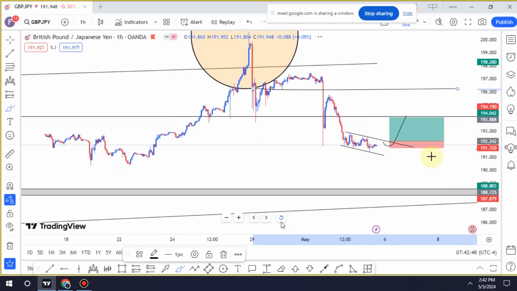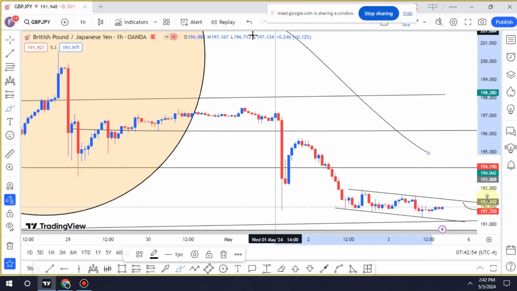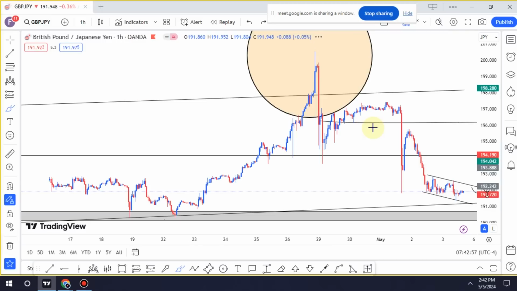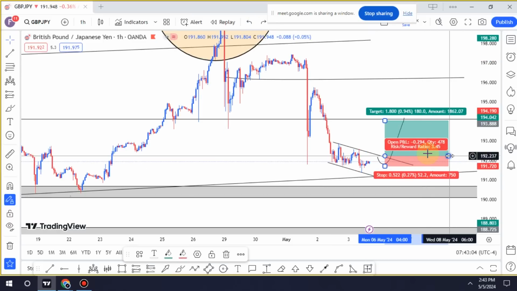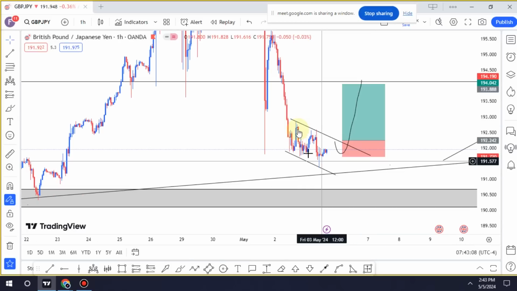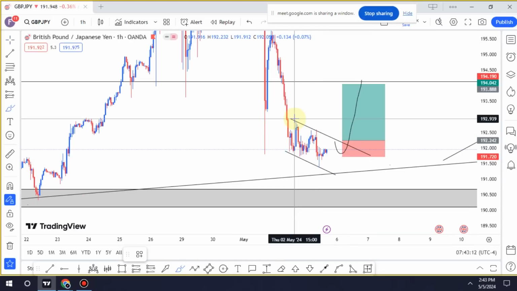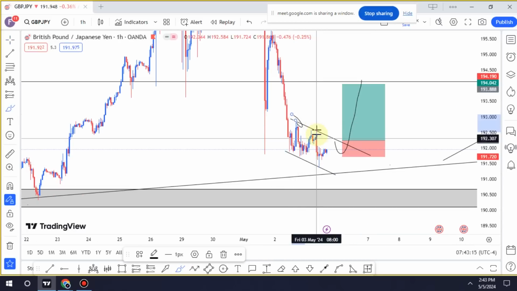Now, based on the 1 hour, we should wait. We should look for structures, an inverse head and shoulders, or look for a double bottom. Let me show something. Right in this channel, we've seen that we only had two touches to the top, the first touch right here and the second touch right here.